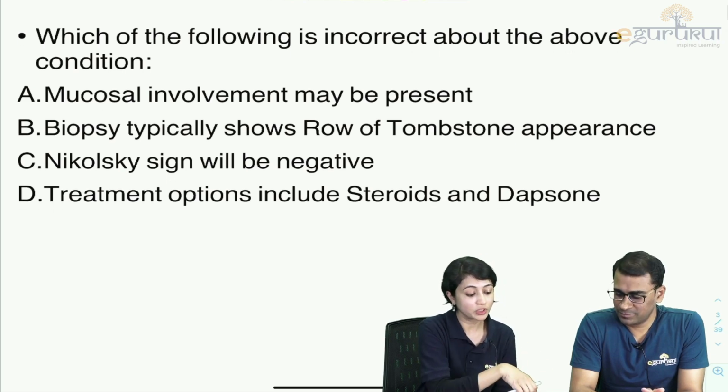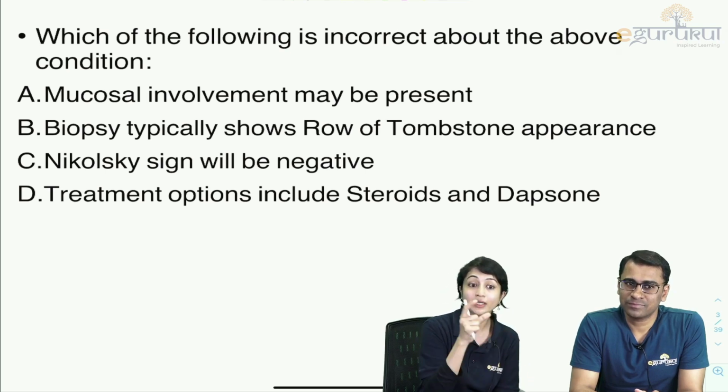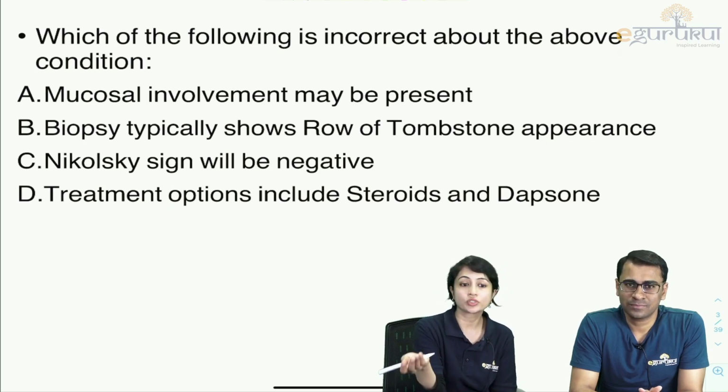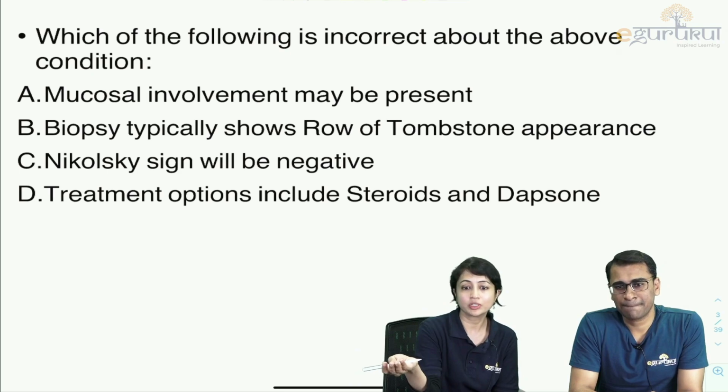Coming to the third option, Nikolsky sign will be negative. Yes, it will be negative because here the bullae are tense. They are subepidermal. So my Nikolsky would be negative. And treatment options include steroids and dapsone. Yes, steroid is used in both pemphigus vulgaris and subepidermal disorders.